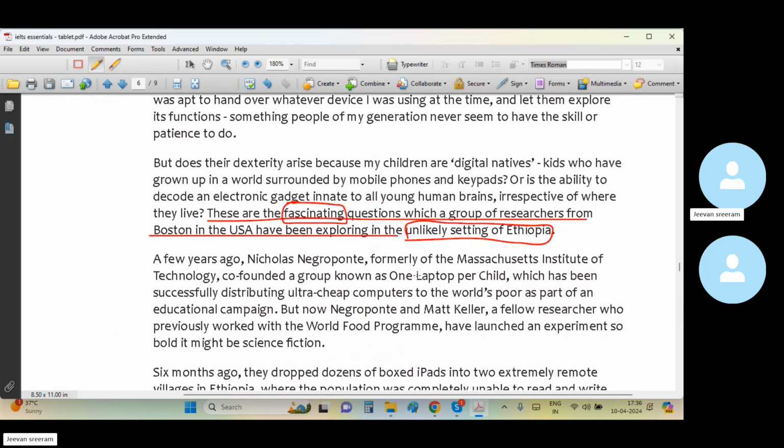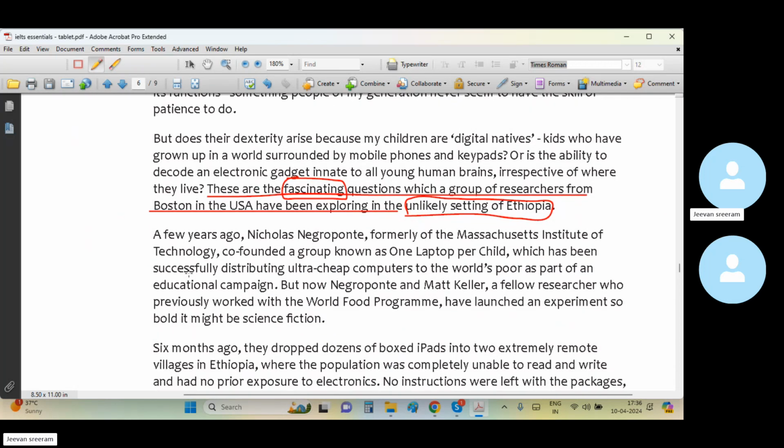Here you go. So this is the paragraph that can make you understand how ambitious the project is as per the author's view, the author's opinion, the author's perspective.